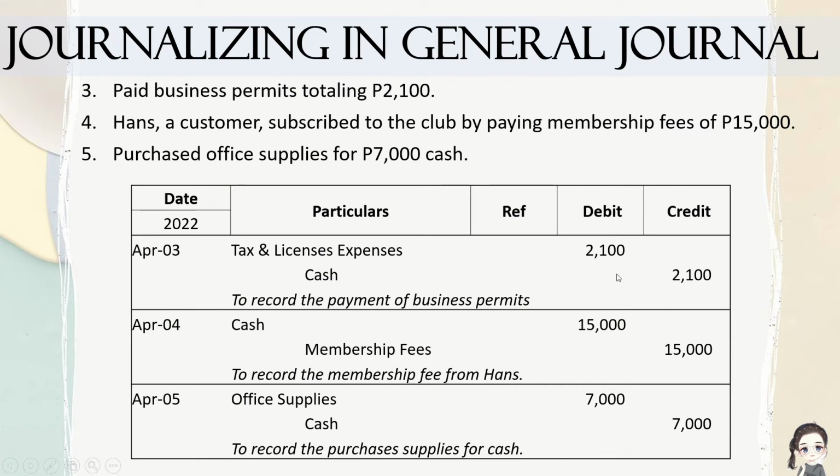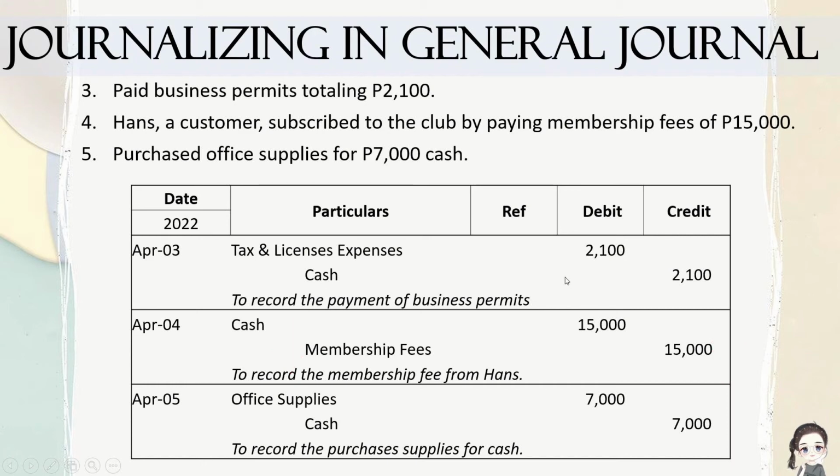Okay. On April 4, Hans, a customer, subscribed to the club. It paid, meaning you received cash amounting to 15,000. Since cash is an asset, the normal balance is debit. So the entry is a debit to your cash and then a credit to your membership fees or your service income amounting to 15,000.